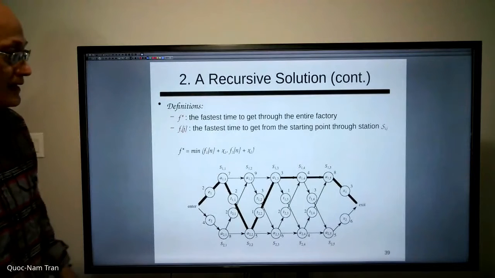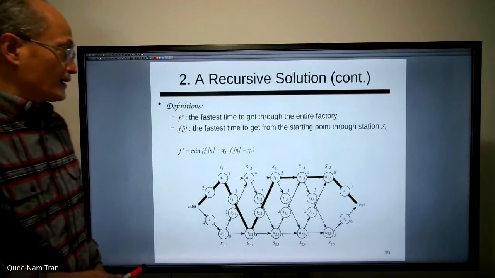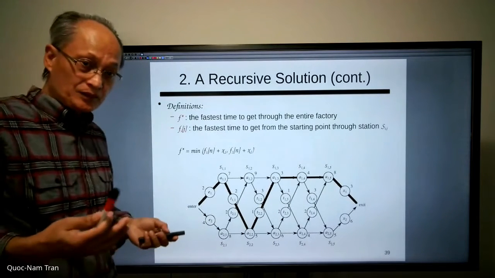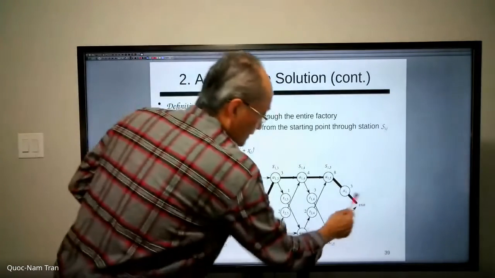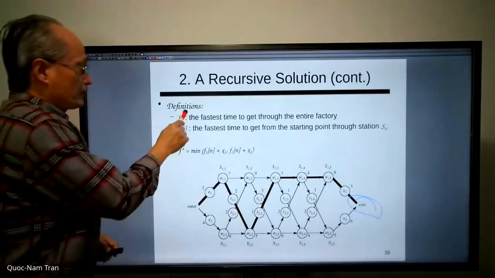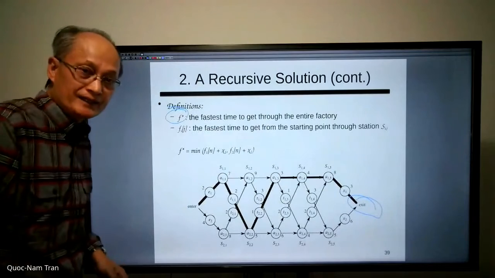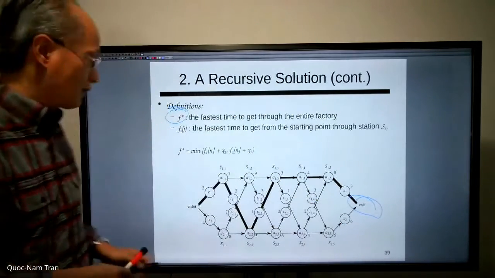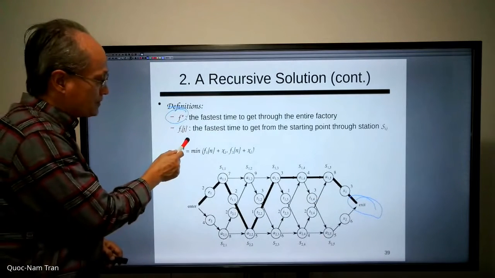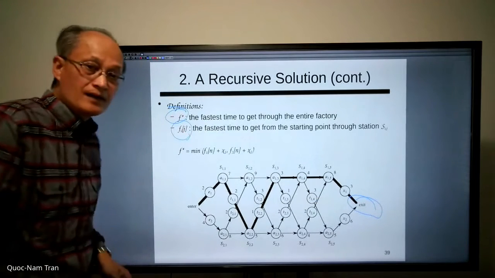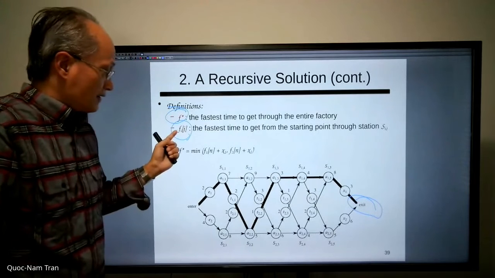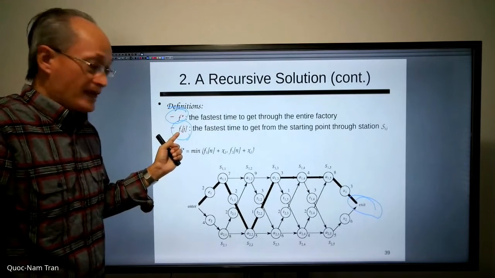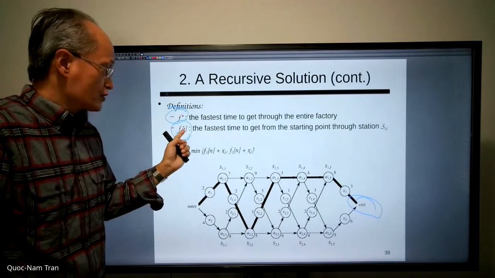Okay, so the fastest time to go through to this point, we call F star. In order to calculate that, we need to find out the minimum cost for assembly line i at station j.